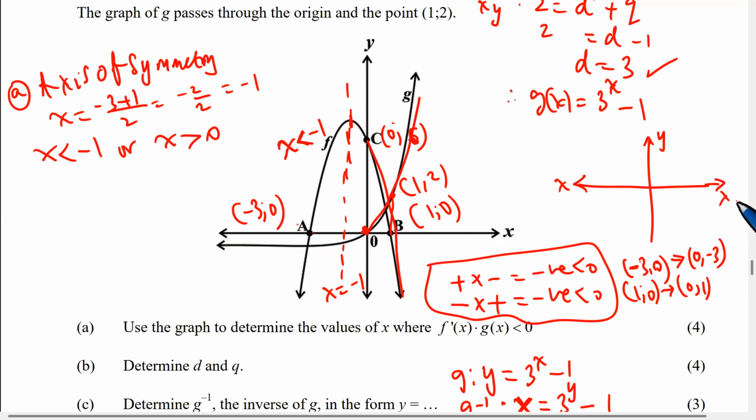So now you have minus 3, 0, and then 0, minus 3, and then 0, 1. These x-intercepts become y-intercepts. Another point, the 0, 6 point, would become the 6, 0 point.